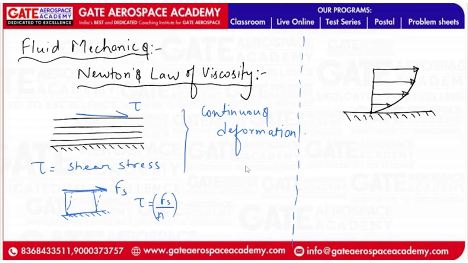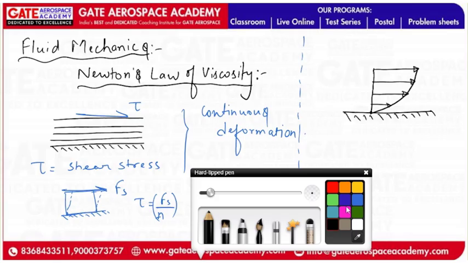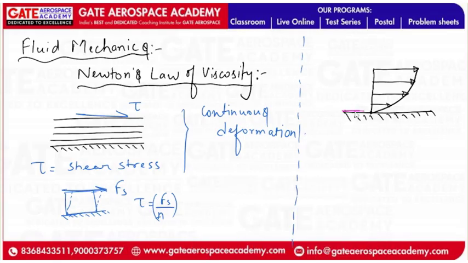Let me show it with a separate color like this. This entire layer has 0 velocity, and hence it is known as the no slip layer. It has no slipping taking place. On this layer there is no slipping taking place.